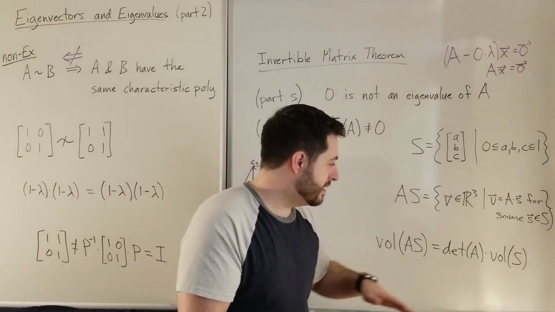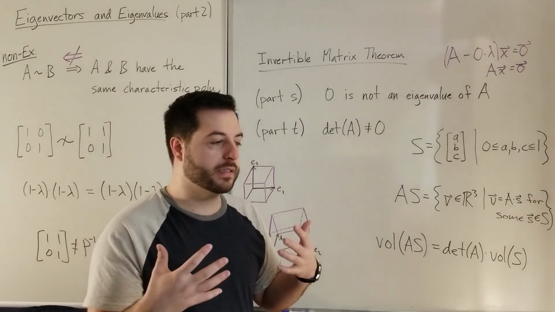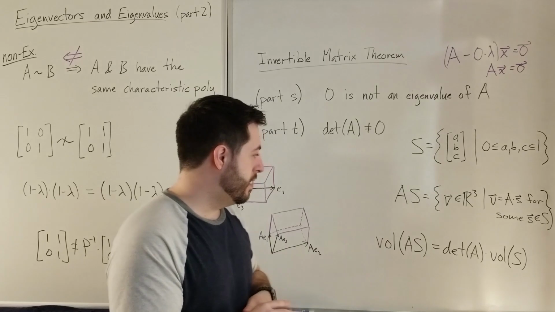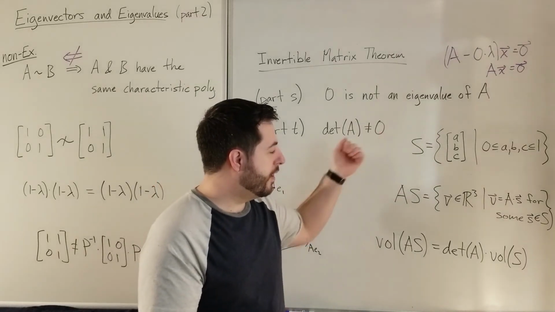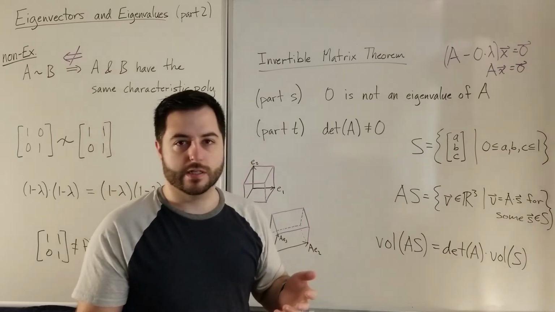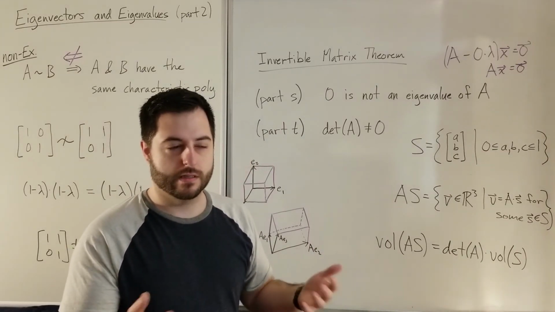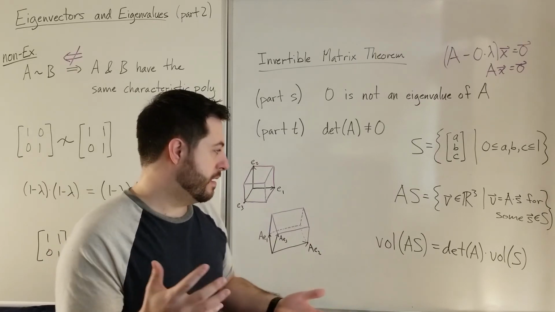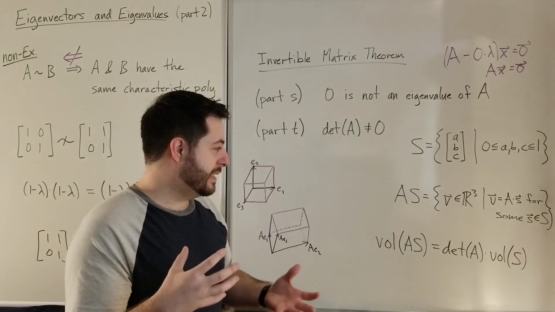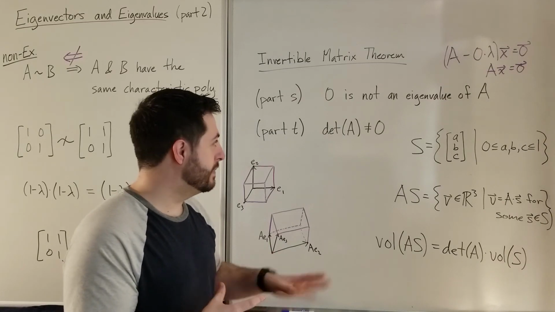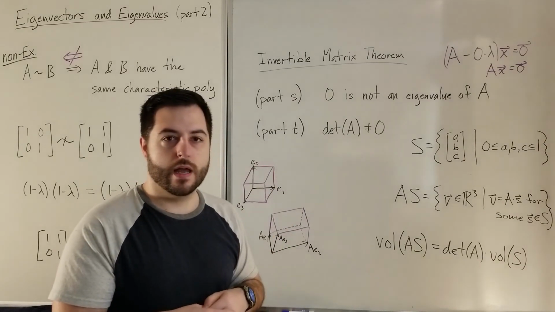Which is going to imply that some higher dimensional notion of volume is going to be 0. So we have volume for 3 dimensions, we have area for 2 dimensions, we have length for 1 dimension. There is an n-dimensional notion of volume that I don't want to get into, but it's essentially saying the same thing. So this is just an intuitive way of grasping what the determinant is in general.